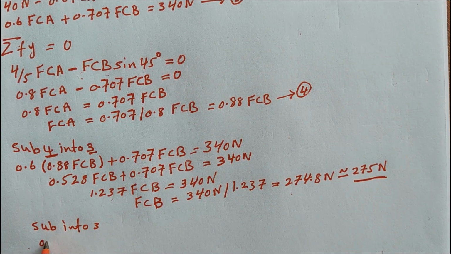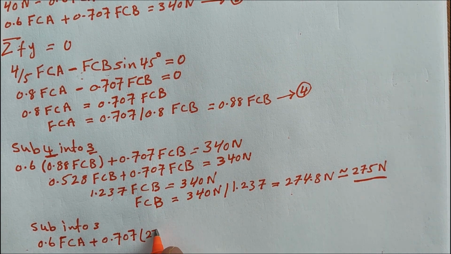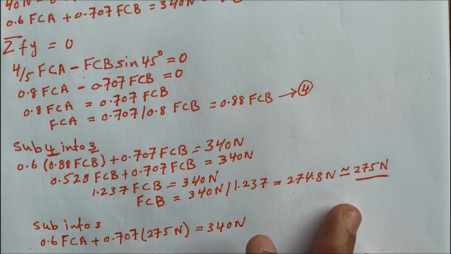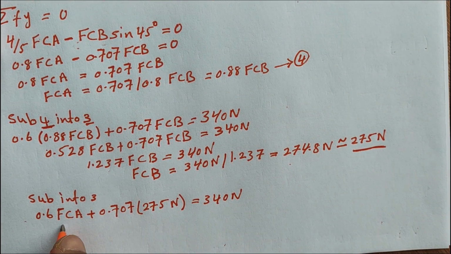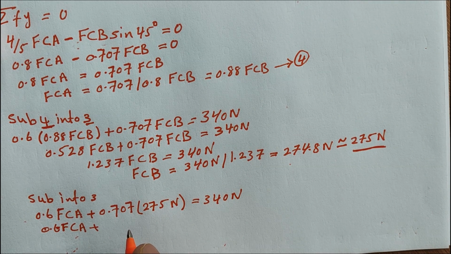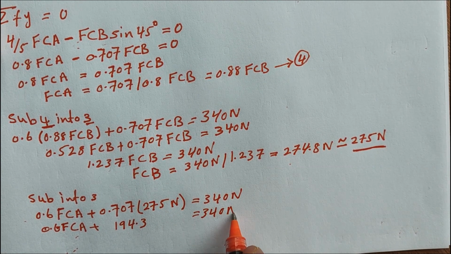So 0.6 FCA plus 0.707 FCB, and FCB we found to be 275 Newton, equal to 340 Newton. Now just plug these values into your calculator. 0.6 FCA plus these two values in here should equal 194.3, equal to 340 Newton.